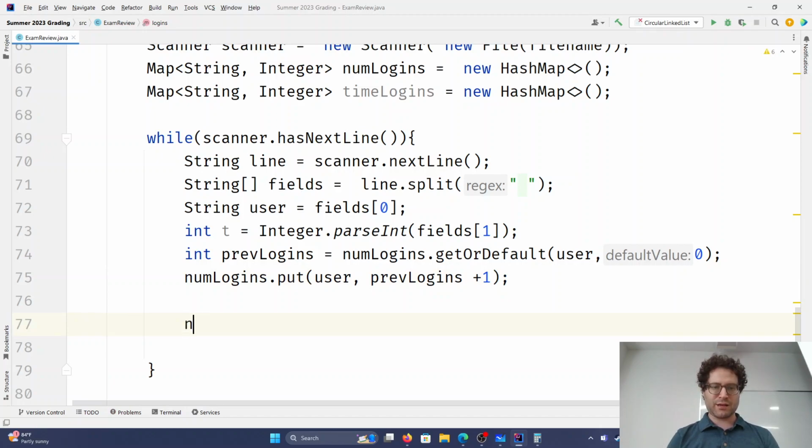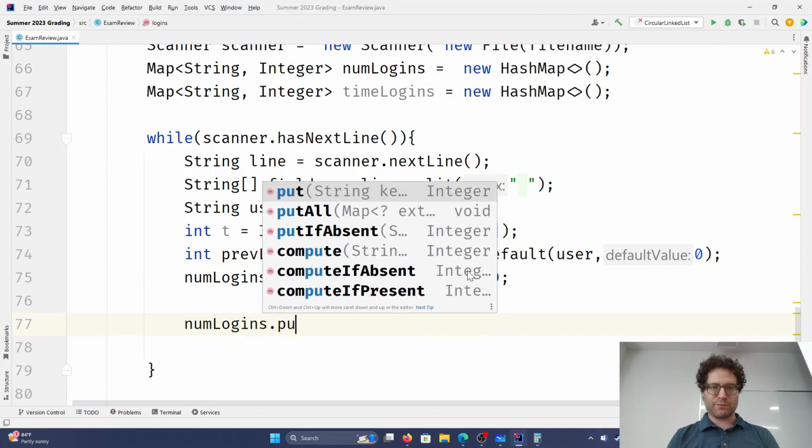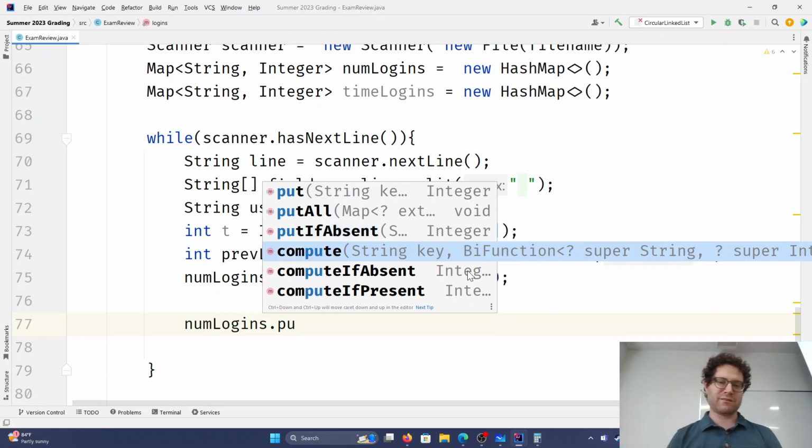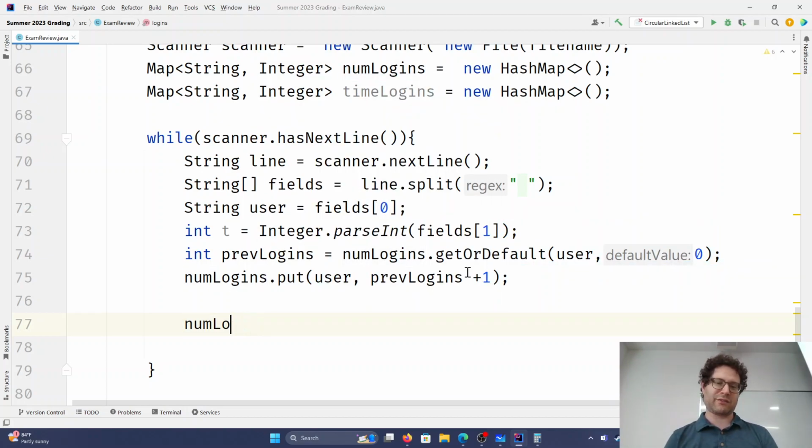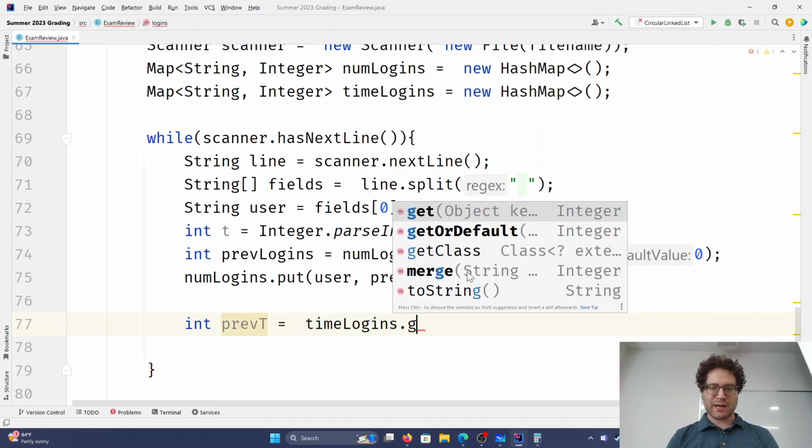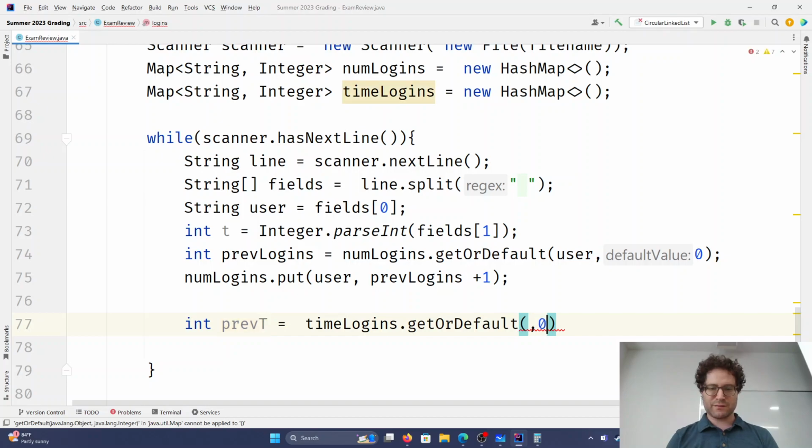There's also, I think, numLogins.putIfAbsent, but I'm not going to use that. Also computeIfAbsent, but again, no need to overcomplicate things. So int prevT is equal to timeLogins.getOrDefault 0 for that user.